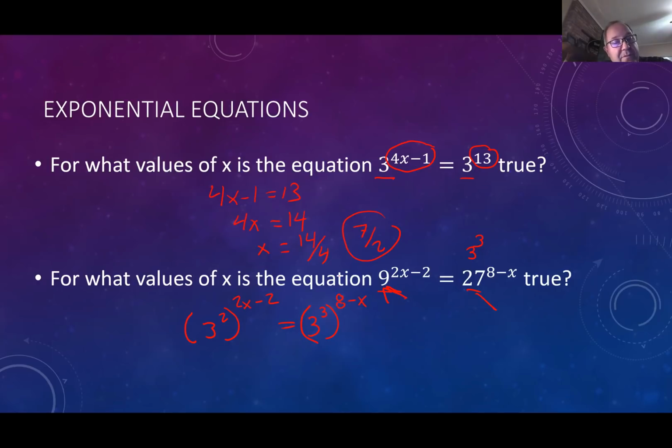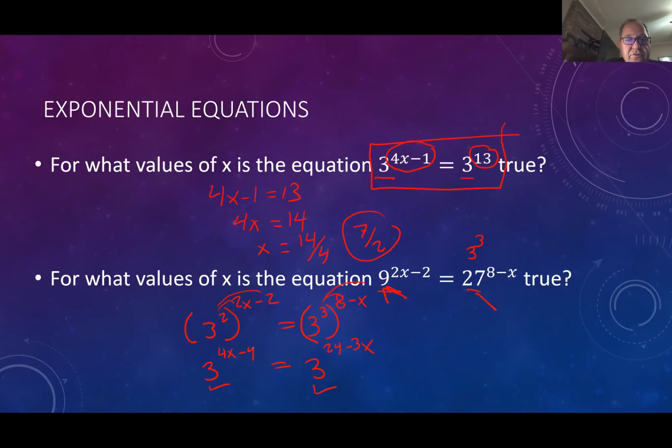Okay, that's our first bit. We're trying to make it look like the first problem that we had here. Now I notice I've got powers to powers, which means you multiply, right? So I'm going to multiply those, and I'll do the same thing up here also. Now it's just like the earlier problem.